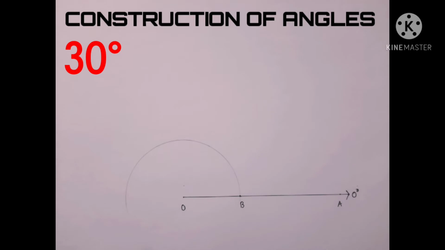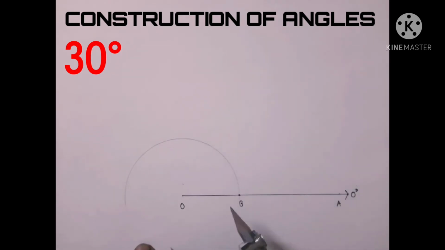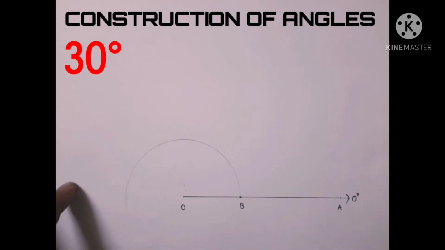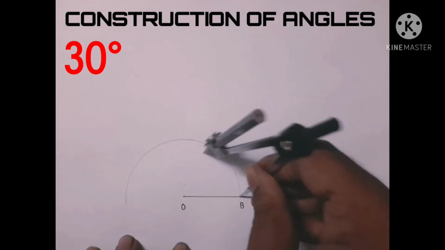Now with the same radius, we will not change the radius. With the same radius that we have used for OB, we will take from B and cut off the semicircle here.